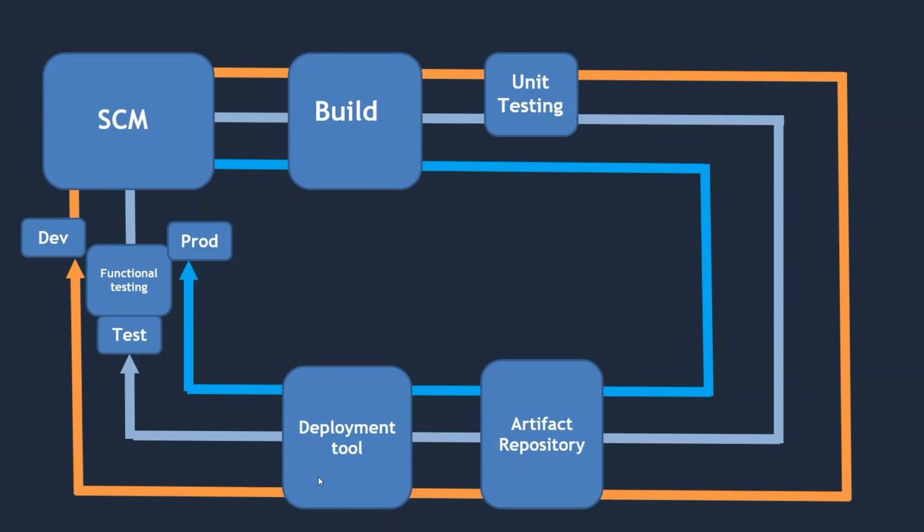We tell this job that in case the build is successful and it stores the artifact into the artifact repository, then only execute the deployment job. It doesn't make sense to deploy code when the build is not successful, because there is no latest version, only the old version 1.1. Next time you run a build and it fails, there is still 1.1, so it doesn't make sense to deploy it.